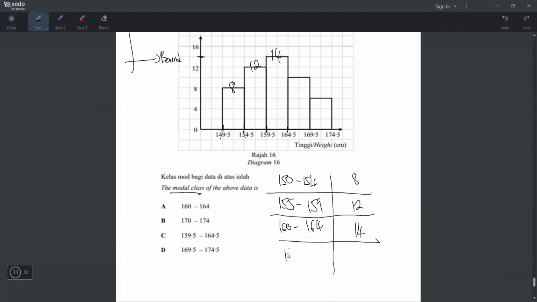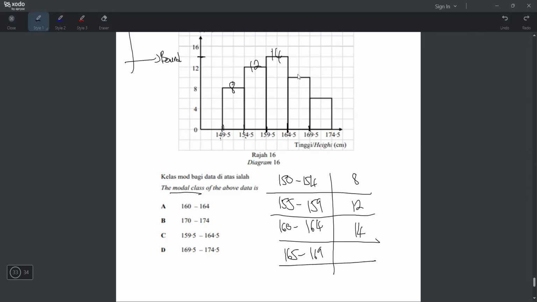Next one is 165, until 169.5. This is the upper boundary for this class, so I have to go until 169, right? Then only it's possible. If you write 170, how can it be? The upper boundary would become 170.5, which is wrong. It should be 169, then only the upper boundary makes sense to be 169.5.